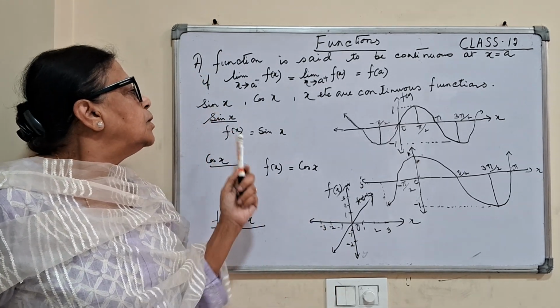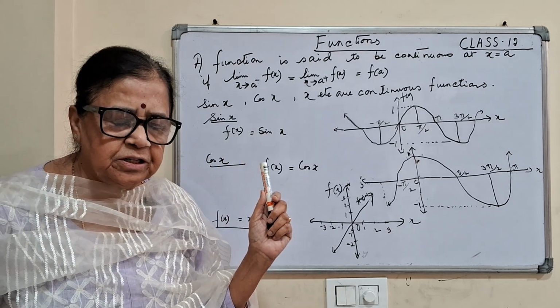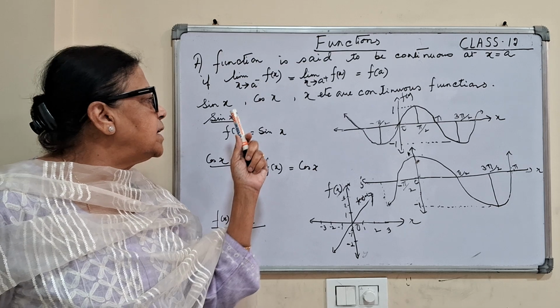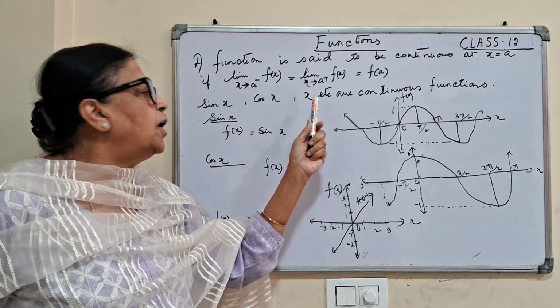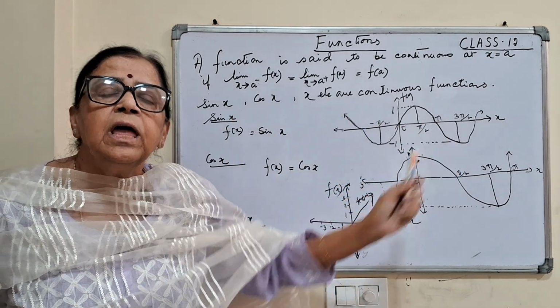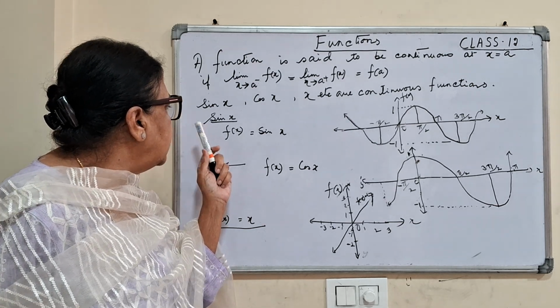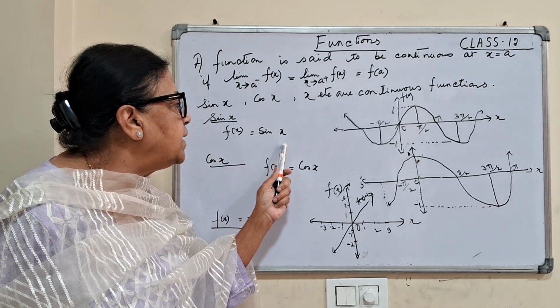Here we will discuss 2-3 functions, that is sin x, cos x, etc., which are all continuous functions. What is the graph of sin x? f(x) is equal to sin x.